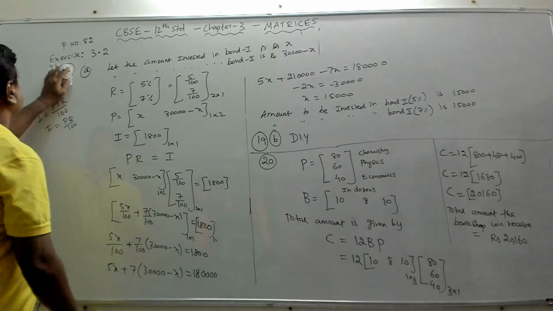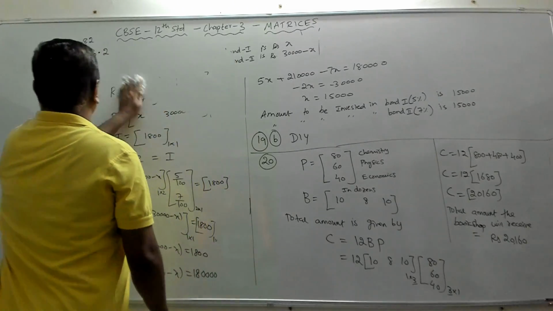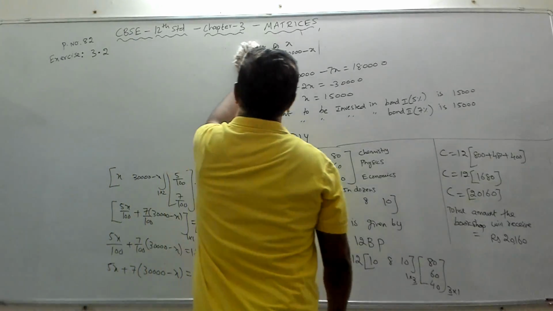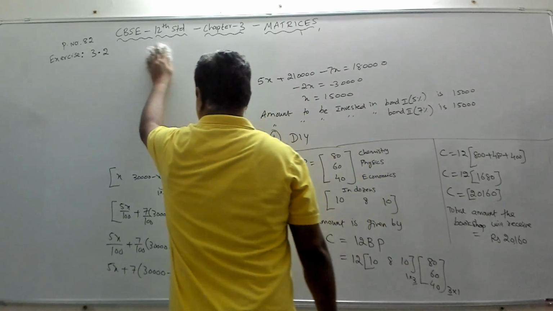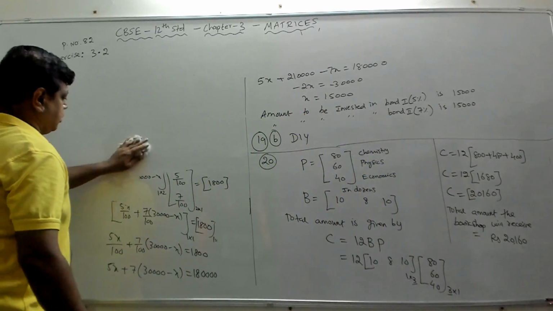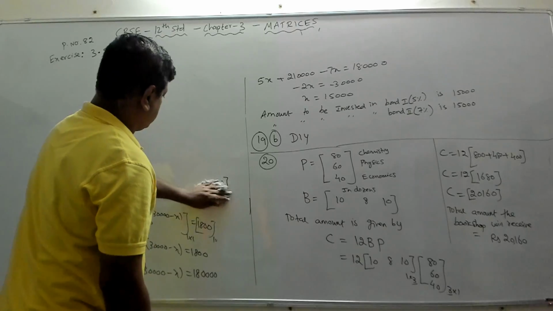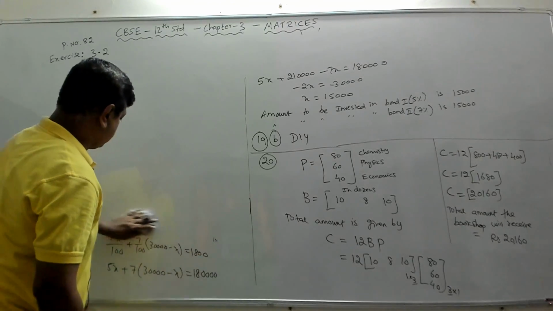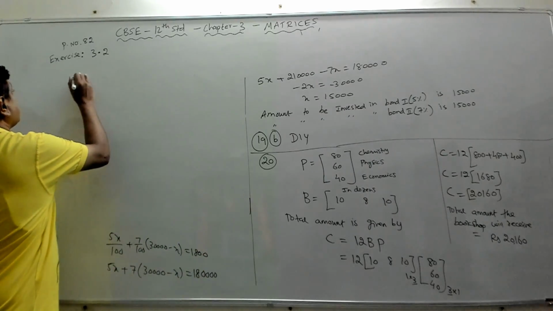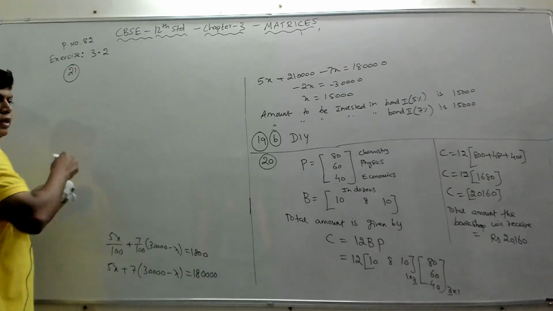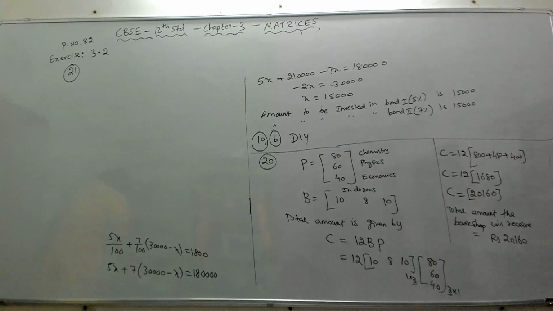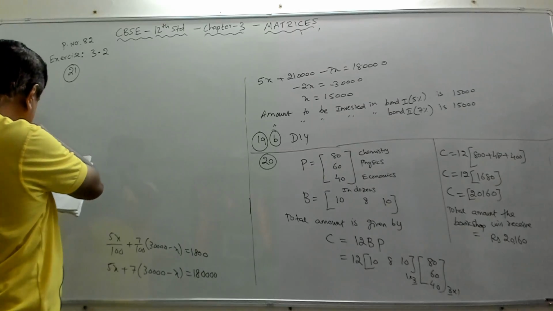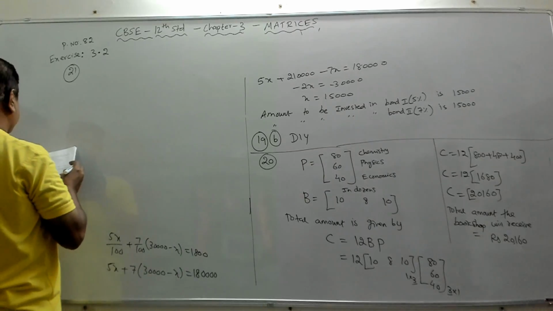Let me erase this. The 21st problem is an MCQ. It's an easy one. They assume that X, Y, Z, W, P are of given orders. So they have given the order of all the matrices.